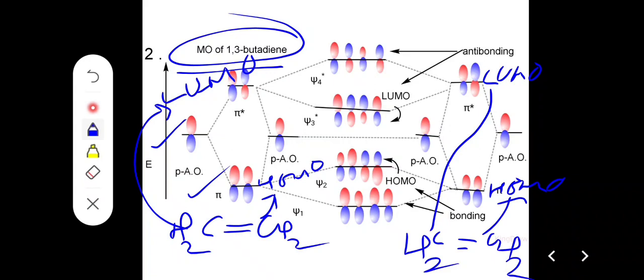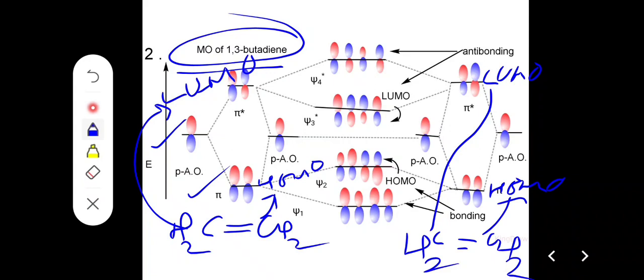This is what we consider HOMO, the last highest occupied molecular orbital which has electrons. Second one, LUMO. LUMO is the lowest unoccupied molecular orbital. That is the lowest molecular orbital which is unoccupied, having no electron. That is termed as LUMO.